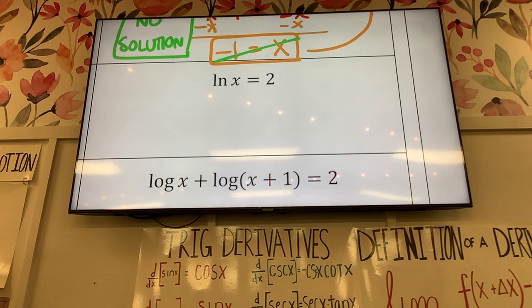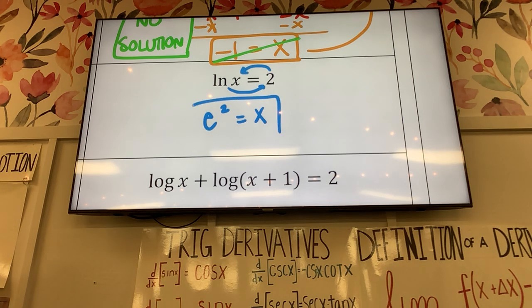Alright, let's try the next one. So, on this one, there's not a log on both sides. It's just by itself, and so this is where you're going to rewrite it in the other form. So if you can't cancel your logs, put it in the other form. So my base is an e, and then I'm going to go all the way to the other side, squared equals x.